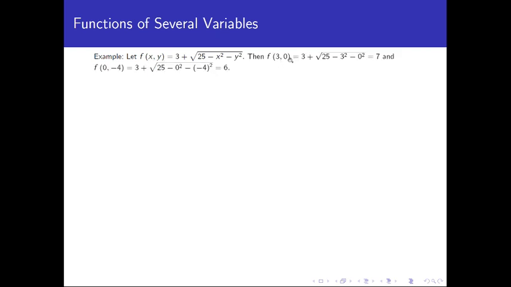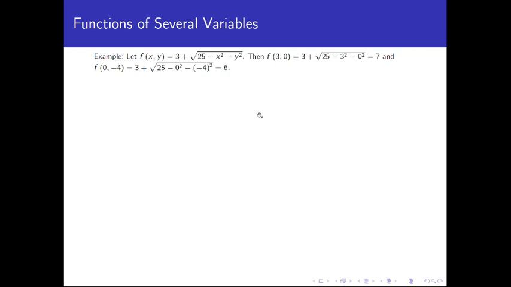Say we wanted to plug in the point (3, 0): we put 3 in for x, 0 in for y, and then simplify like you always would. Likewise, if we put in 0 and negative 4, we put 0 in for x and negative 4 in for y, and again we would get 6 in this case.